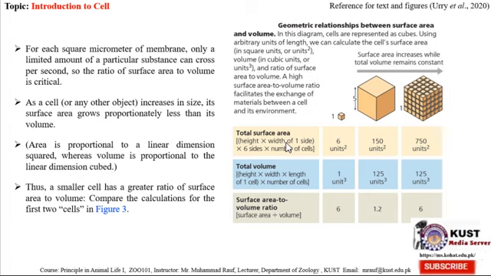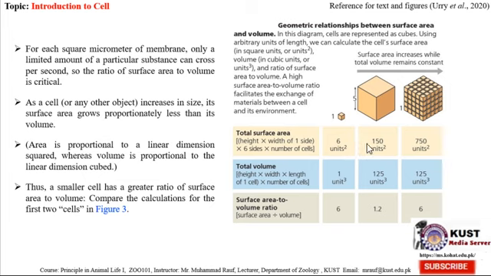So 1 into 1 is equal to 1, and then multiply with 6 because a cube has 6 sides, so it gives you 6, and then multiply it with the number of cells. If you multiply 6 with 125, it will give you 750. So these are 125 cells, and that is their total surface area.